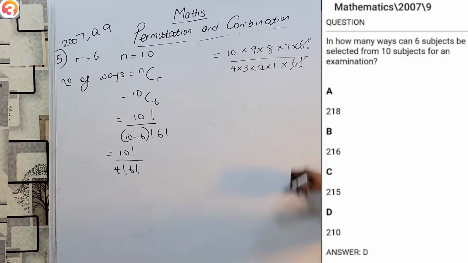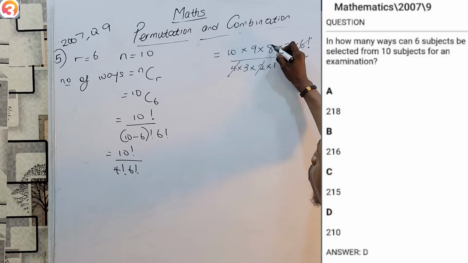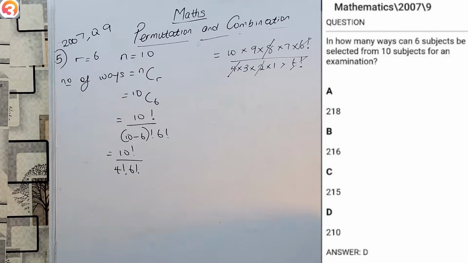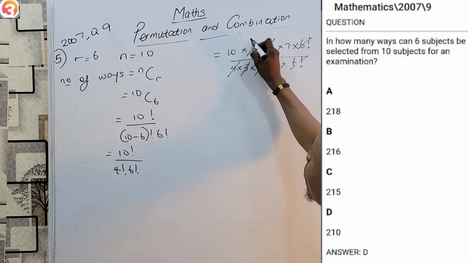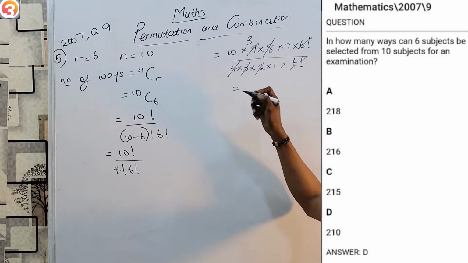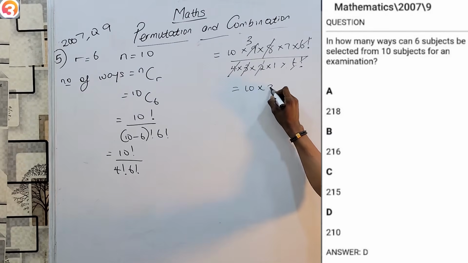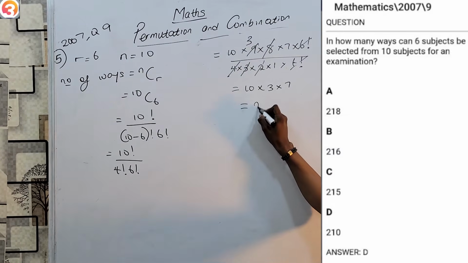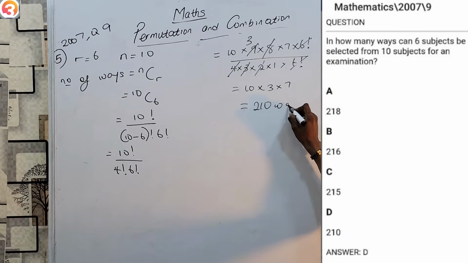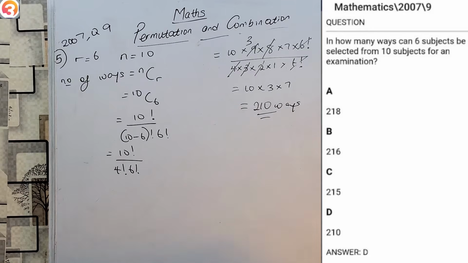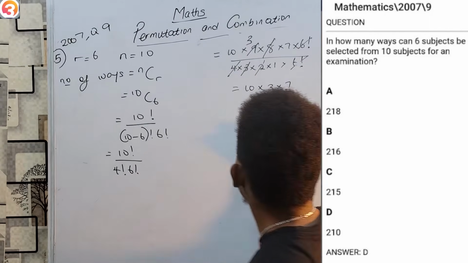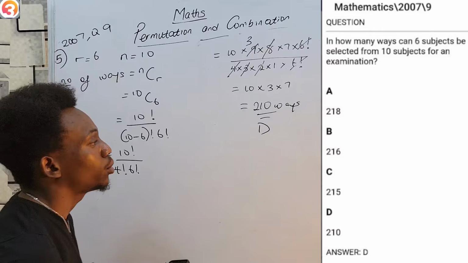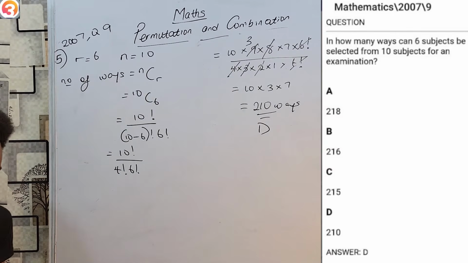What else can cancel? 2 times 4 is 8, and 3 into 9 is 3. So I'm left with 10 times 3 times 7, which is simply 210. There are 210 different ways to select 6 subjects out of 10, and that is option D.